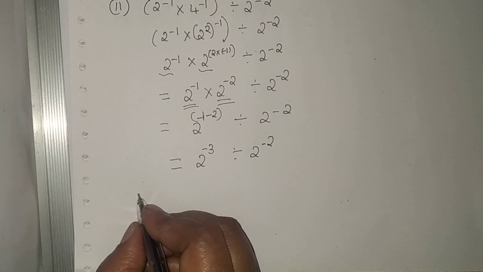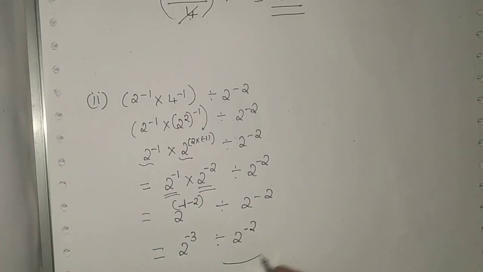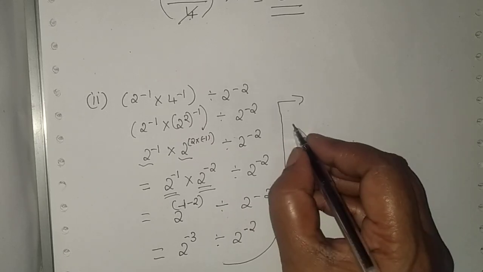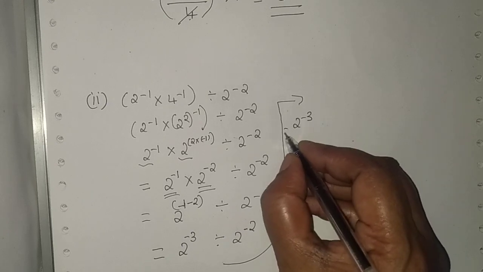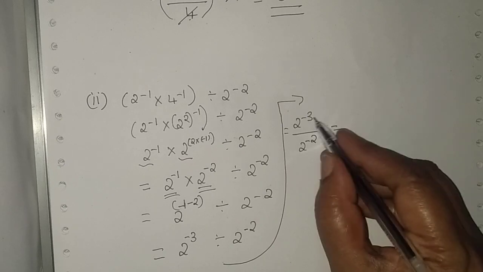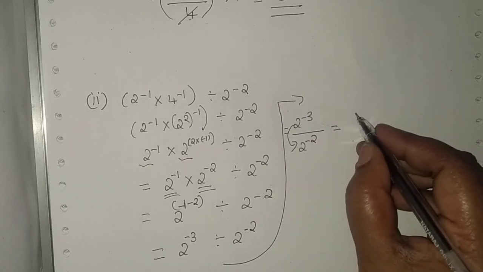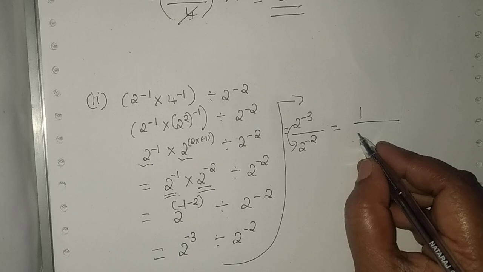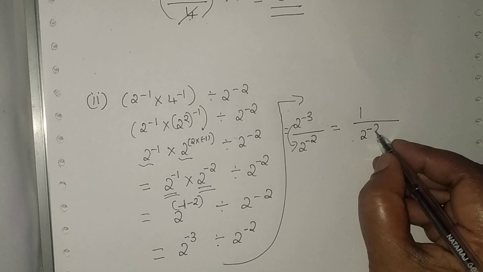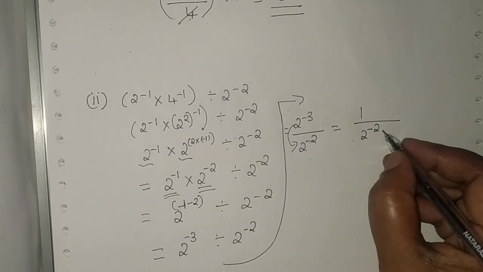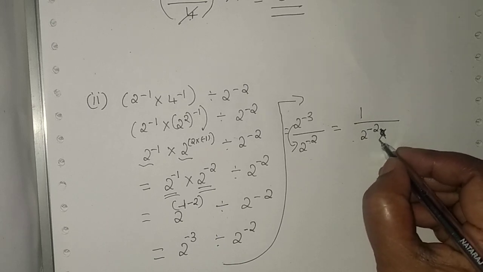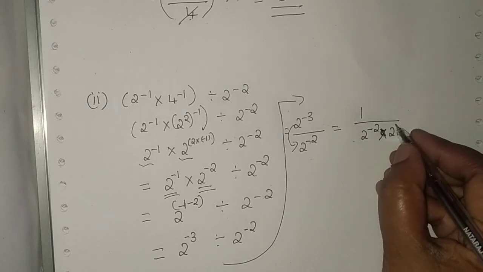Now I'll write this side here. We'll continue here. Now how much? That is 2 power minus 3 divided by 2 power minus 2. Therefore we'll take these two to the numerator. 1 by 2, when it comes to the numerator, the power becomes plus. 2 power 2 remains as it is, and this one is 2 power 3.